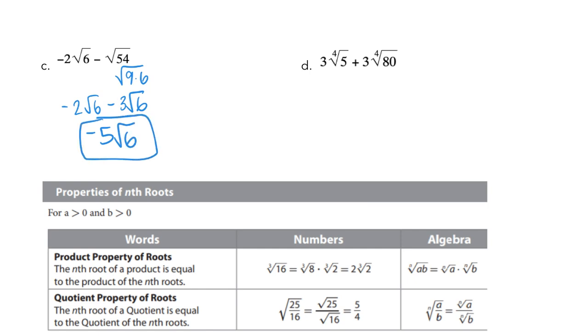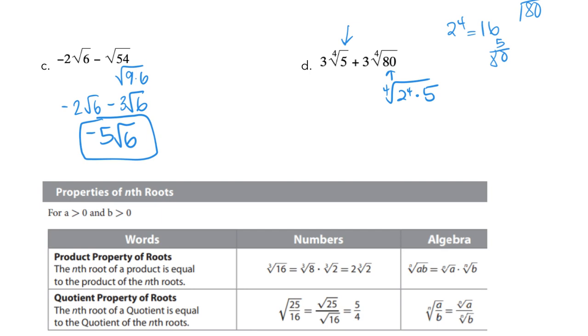Same thing for part D. Let's see, we said that 2 to the 4 was 16. Is 16 going into 80 times 5? Oh, it is. So I can take the 4th root of 80 and write it as 2 to the 4th times 5. It's kind of a hint that this is the 4th root of 5. 80 divided by 5 is 16.